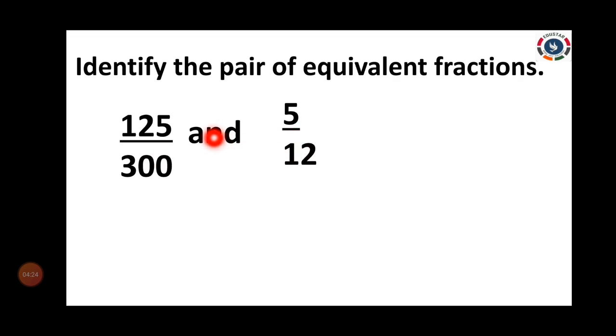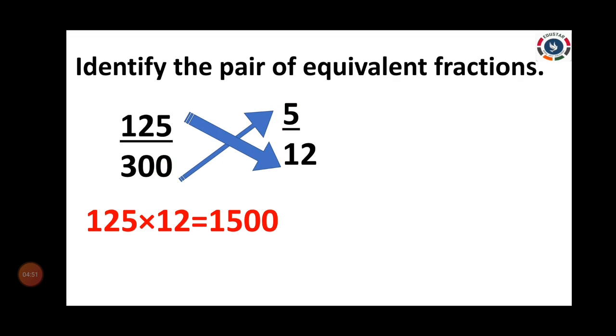We are going to apply cross multiplication here. So take the first fraction's numerator and multiply by the second fraction's denominator. The next thing, take the first fraction's denominator and multiply by the second fraction's numerator. So 125 into 12, how much now? 1500.